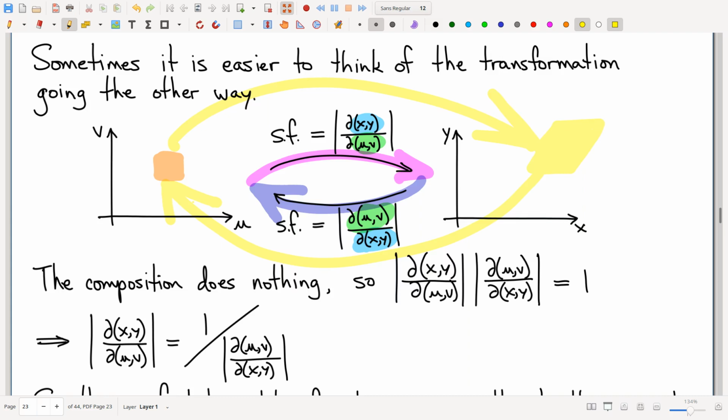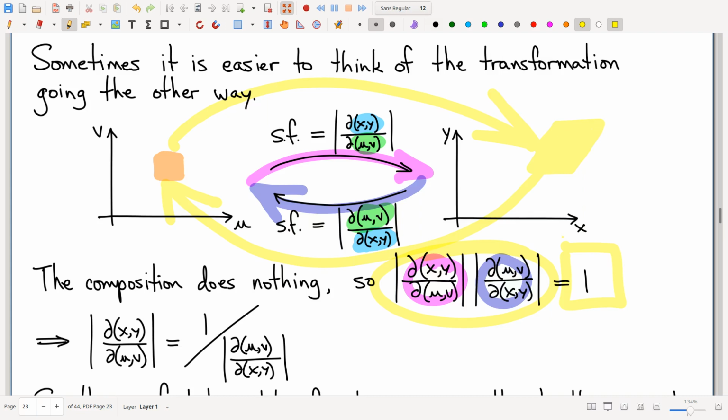What do I get if I start with this little orange rectangle, and if I go way over there and come right back where I had been? Well, I get the exact same area. So altogether, grand total, doing both steps, in particular the purple step followed by the dark blue step, all together, the stretching factor is 1.